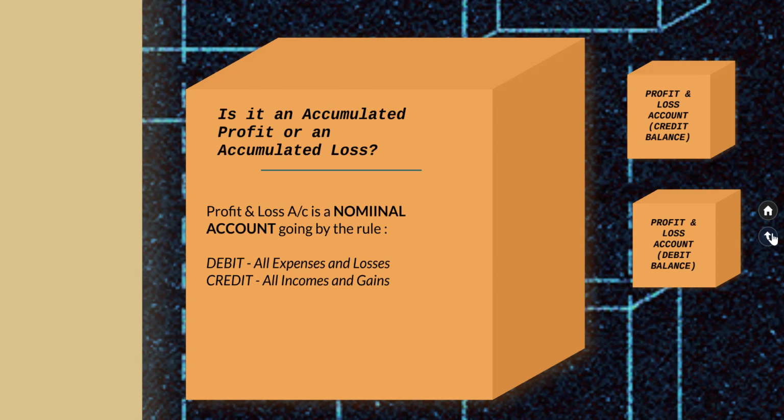So in a balance sheet, all liabilities have credit balance and all assets have debit balance. So a P&L balance appearing on the liability side will have a credit balance and therefore it's an accumulated profit, whereas a P&L account appearing on the asset side will have a debit balance and therefore it is an accumulated loss.